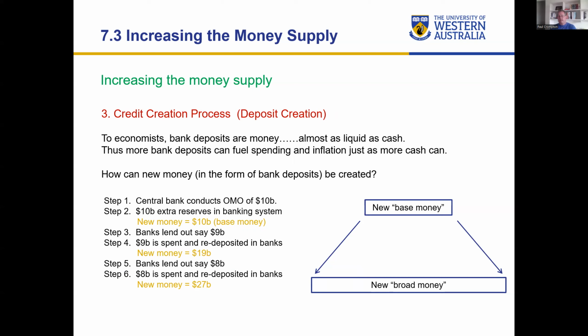So once you start thinking about the potential of this credit creation process to act on 8 trillion, you can really see the potential danger that exists if the banking system takes this $8 trillion worth of QE money and is allowed to freely lend it all out. It could kick off this credit creation process, which could cause massive inflation.